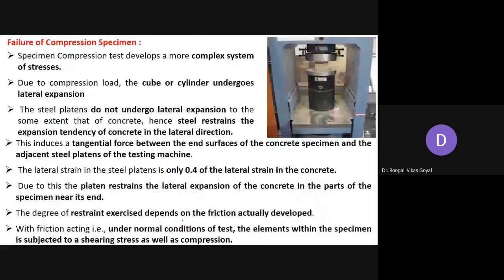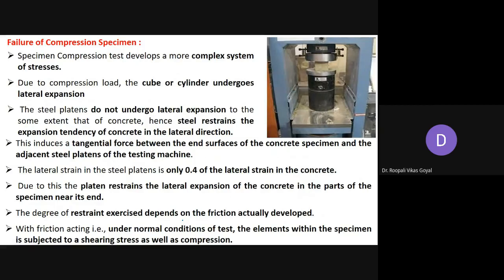It is a very easy and common method: as per our design we decide the proportion of cement, fine aggregate and coarse aggregate, properly compact it, cure it, and then check it under the compression testing machine. The load at failure, P by A, gives your compressive strength of concrete.